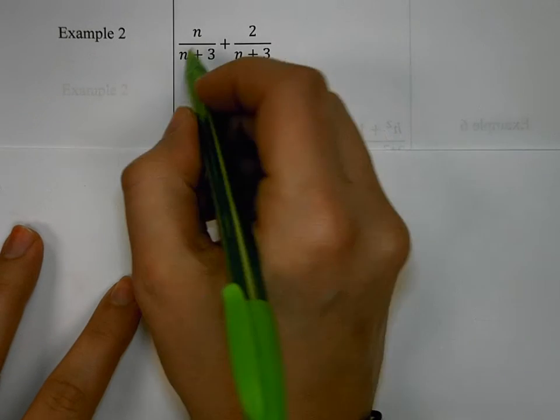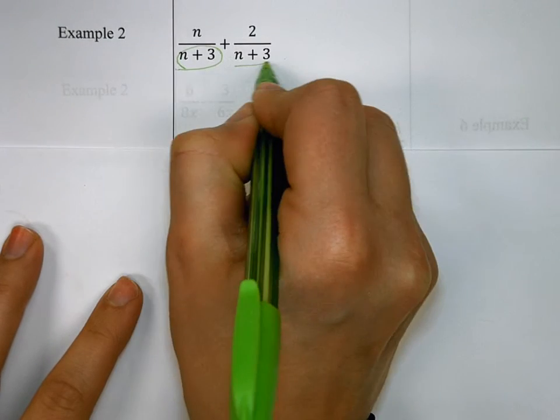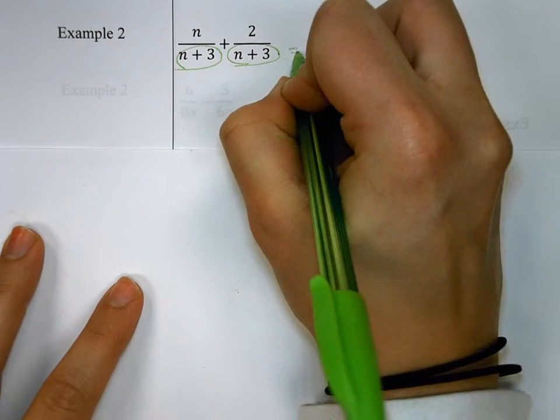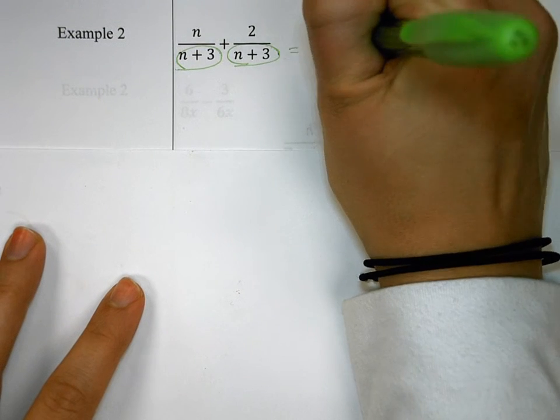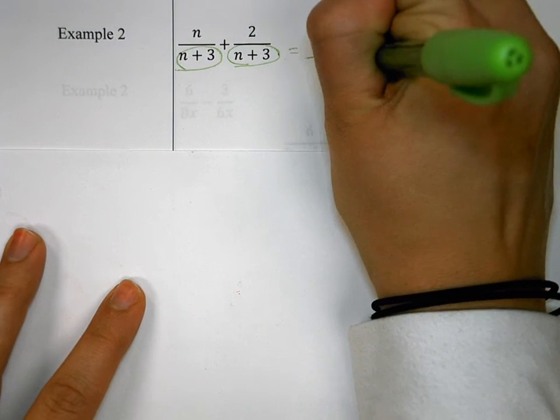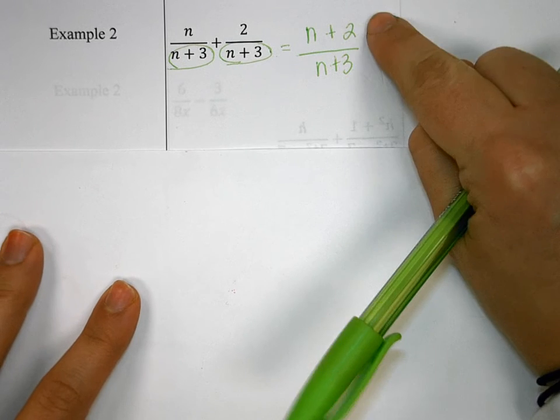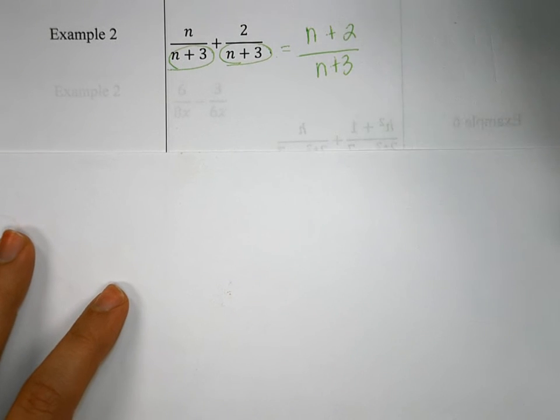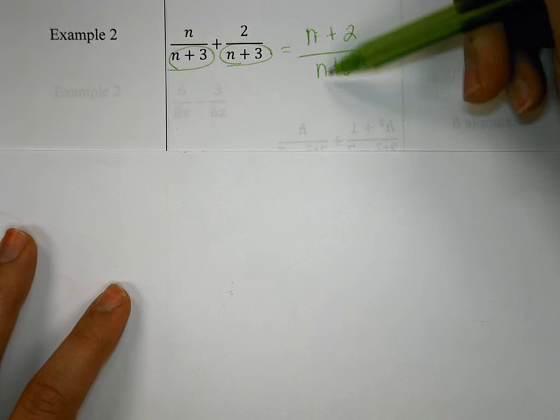Fractions, we must have common denominators. Do I have a common denominator? Yes, so I take the numerators and add them. n plus 2 over n plus 3. Can I reduce any of that? No. Can I cross off the n in the numerator and denominator?